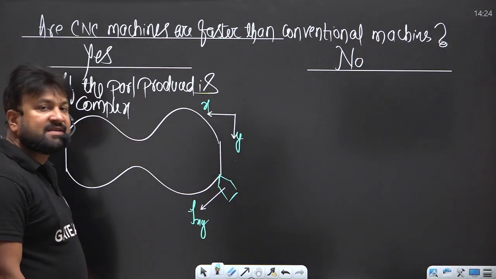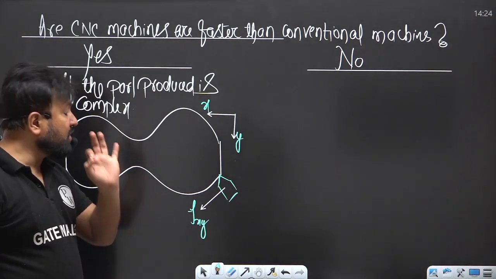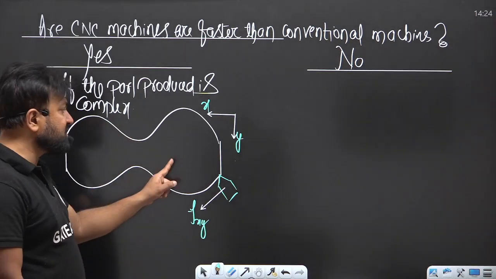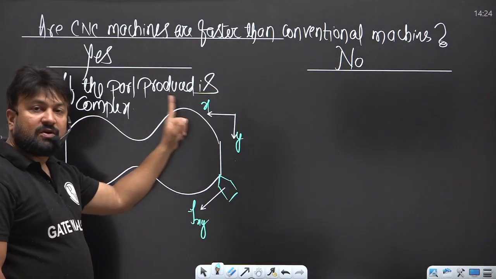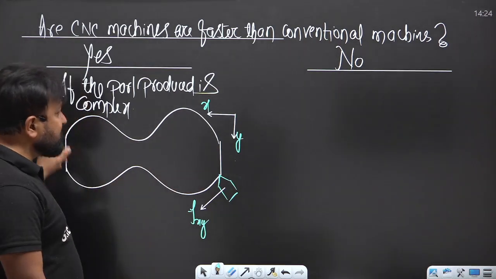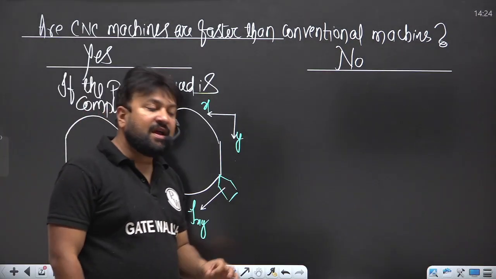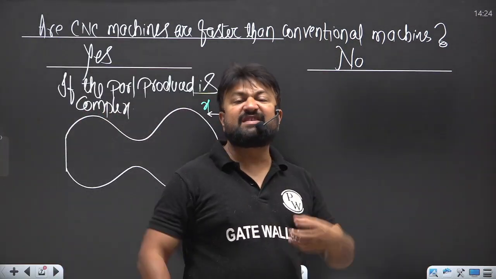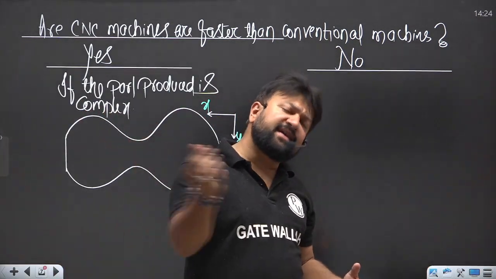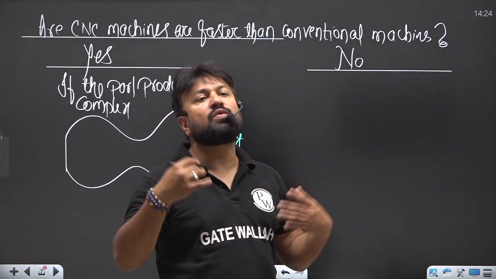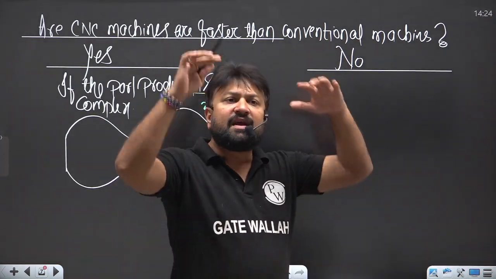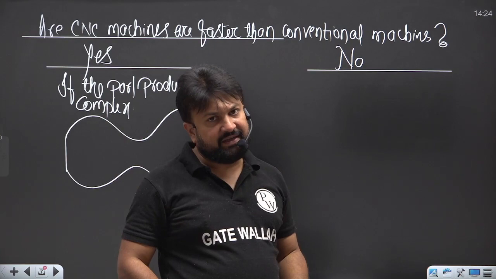In that case, your CNC machine is faster. If you want to produce a complex shape, then your CNC machine is faster, because a CNC machine has motors which can maintain the feed in the x direction and y direction. Overall the feed is maintained in the xy direction.